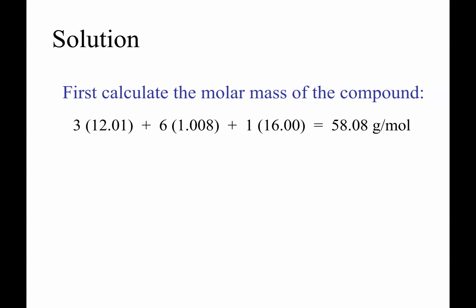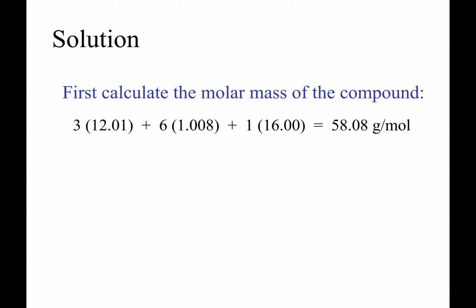There's only 1 oxygen, so plus 1 times 16.00. So the molar mass for acetone is 58.08 grams per mole. And our basis is going to be 1 mole. So what mass of acetone do we have if we have 1 mole of acetone?